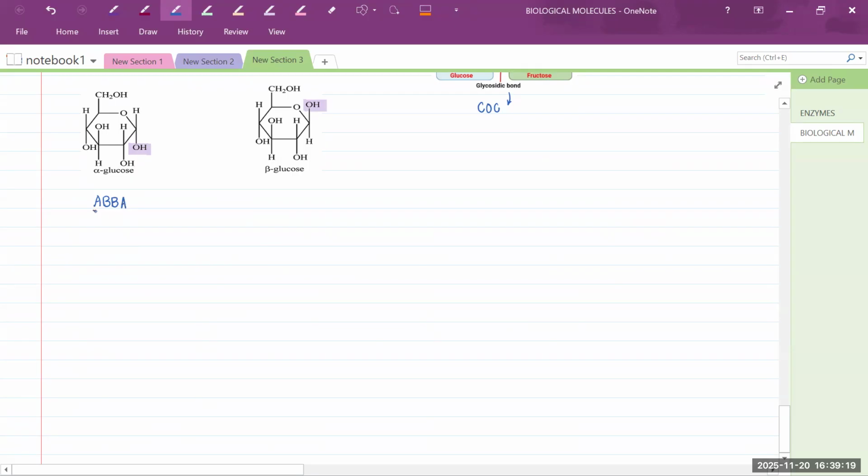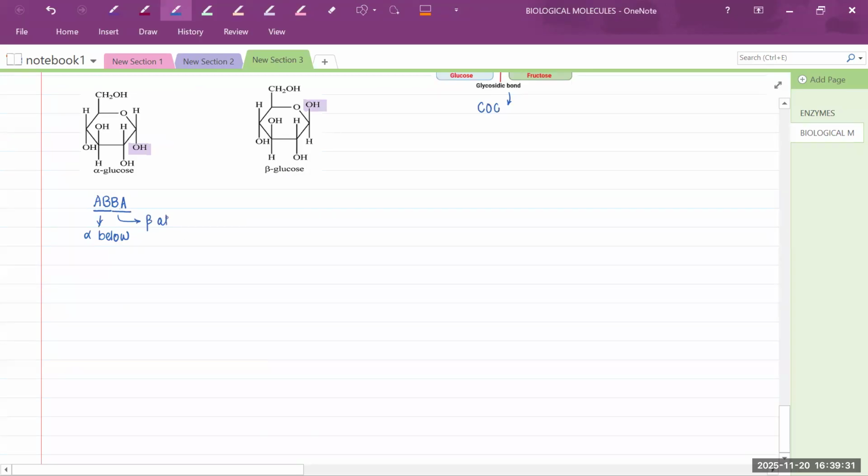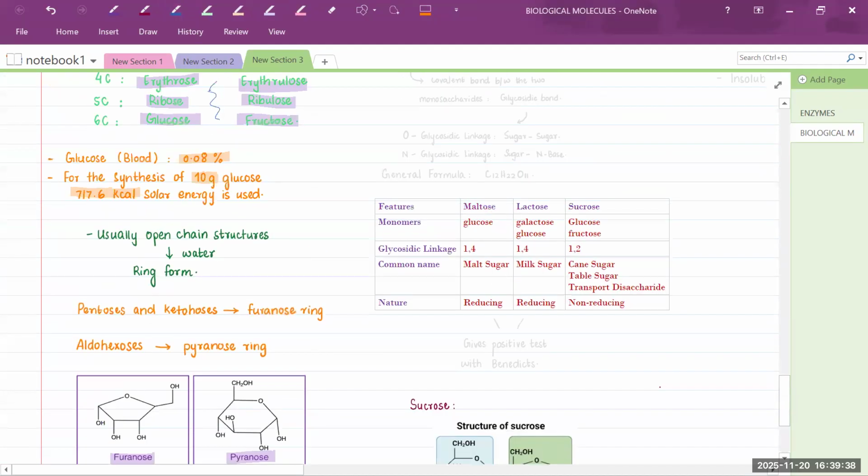So it represents alpha below, and this represents beta above. That's the easiest way to remember the difference between alpha glucose and beta glucose.